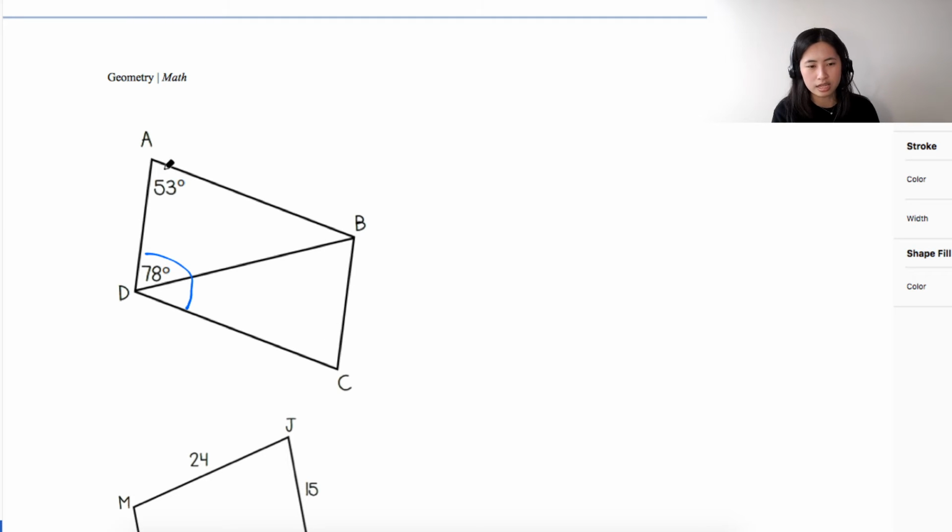We know that this is 53 degrees, but how do we find this whole thing? All we do is take 180 minus 53, because we know that the opposite angles in a parallelogram add up to 180 degrees, meaning they're supplementary. So 180 minus 53 is equal to 127.